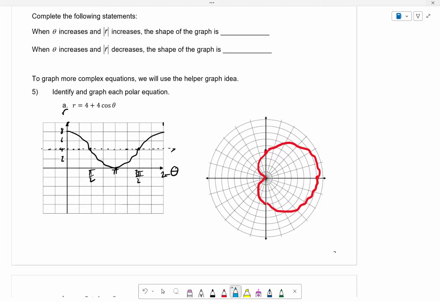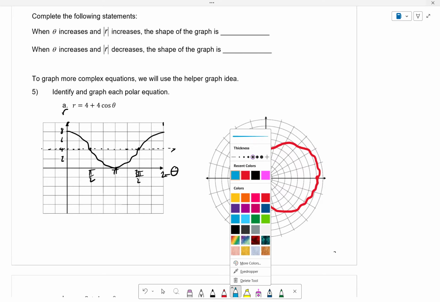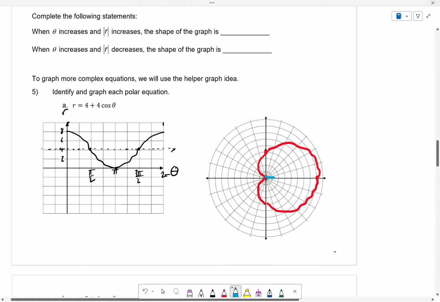I want to take one last look at this. Look at this, the axis I have. I want you to notice right now the r is 8, isn't it? And now it's going down to 4, just like in the helper graph.